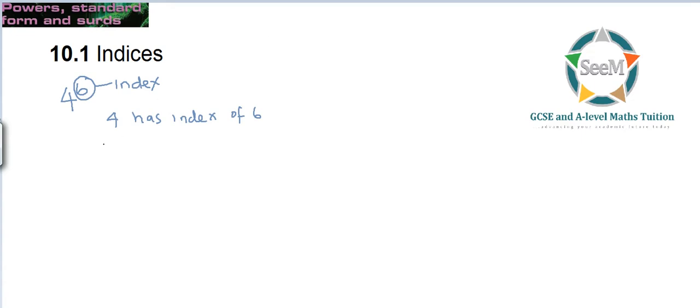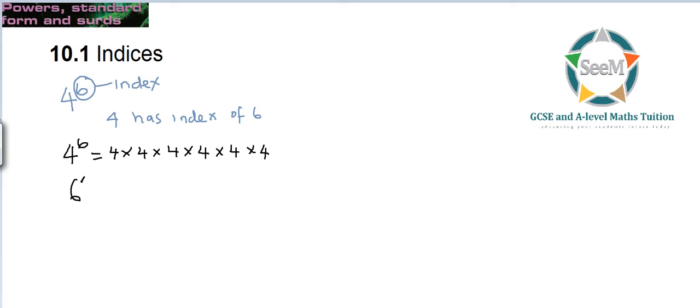An index also means how many times I multiply 4 to get my answer. In this case, I need to multiply 4 six times. So 4 to the power of 6 equals 4 times 4 times 4 times 4 times 4 times 4.